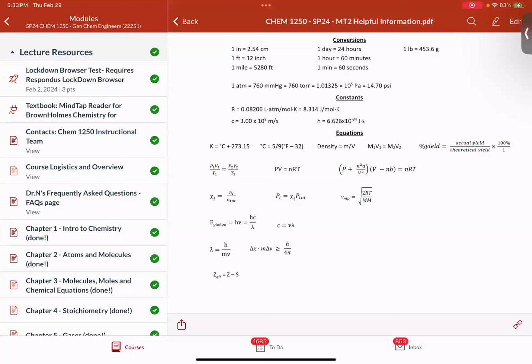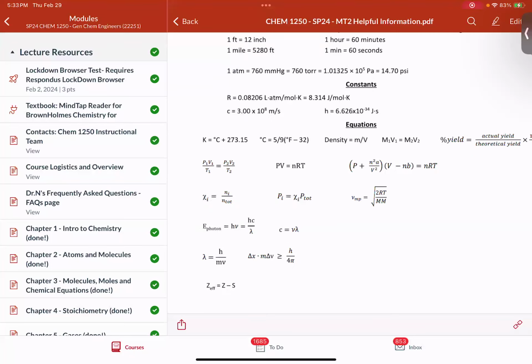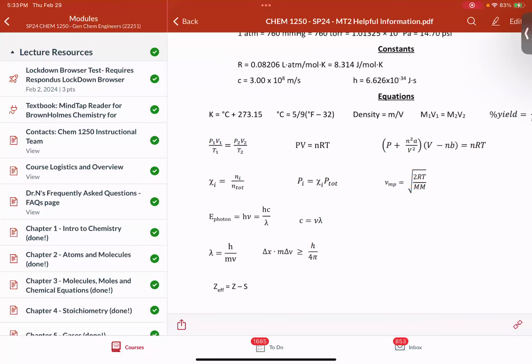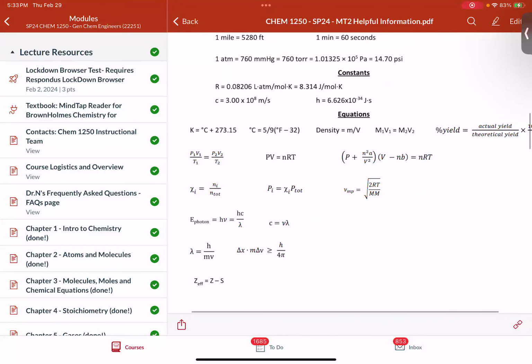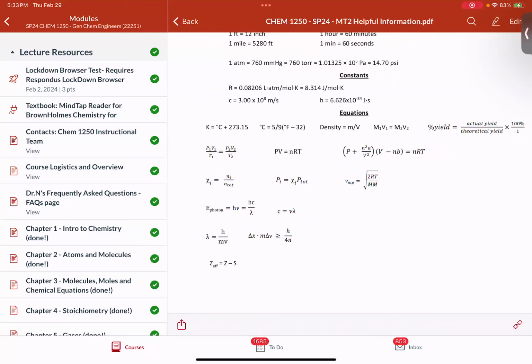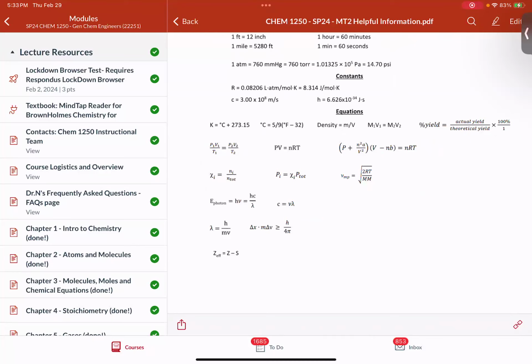I give you 2 different versions of R, the energy version and then the gas law version that you see there. Speed of light, Planck's constant is there. Here we see the conversion between Kelvin and degrees Celsius, Celsius to Fahrenheit in case you need it. There's density, molarities, percent yield, and then our gas law constants, some ideas about the partial pressures and mole fraction if you have a gas mixture.